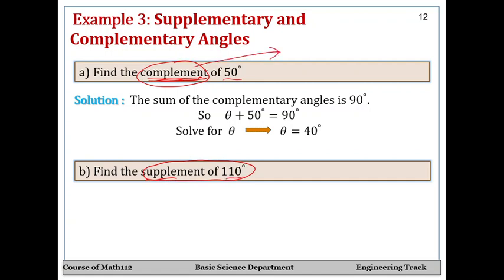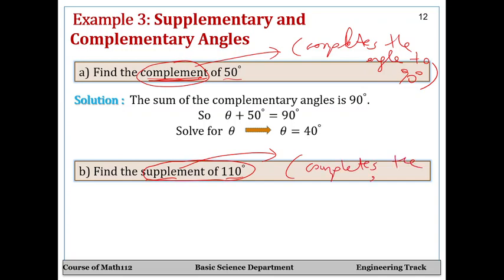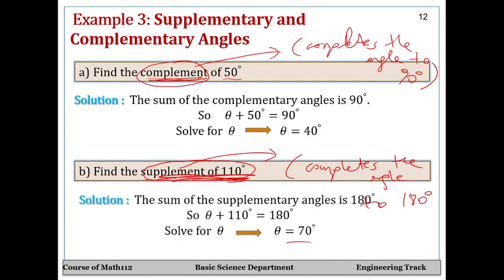Complement completes the angle to 90 degrees, and supplement completes the angle to 180 degrees. So what completes 110 to 180? It will be 70 degrees.